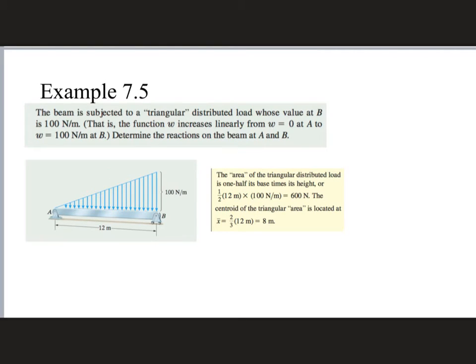So if I go half the distance, I've got half that amount. So we want to calculate the reaction force on the beam at point A and the reaction force on the beam at point B.